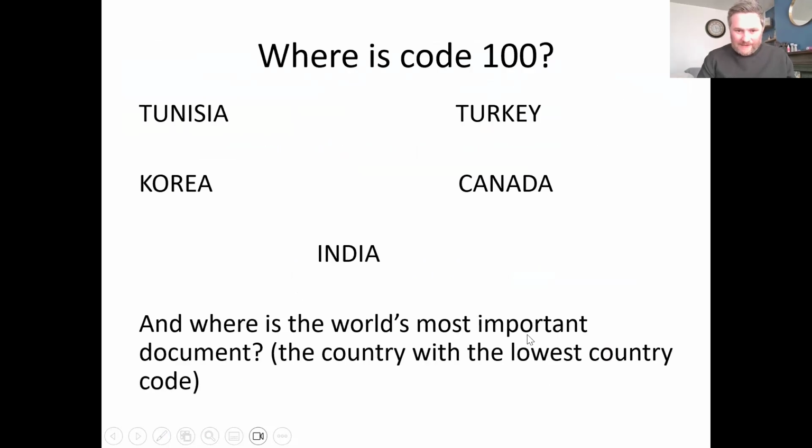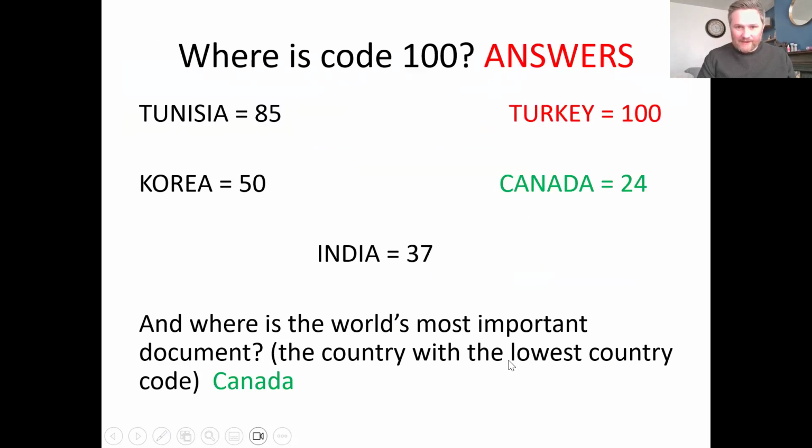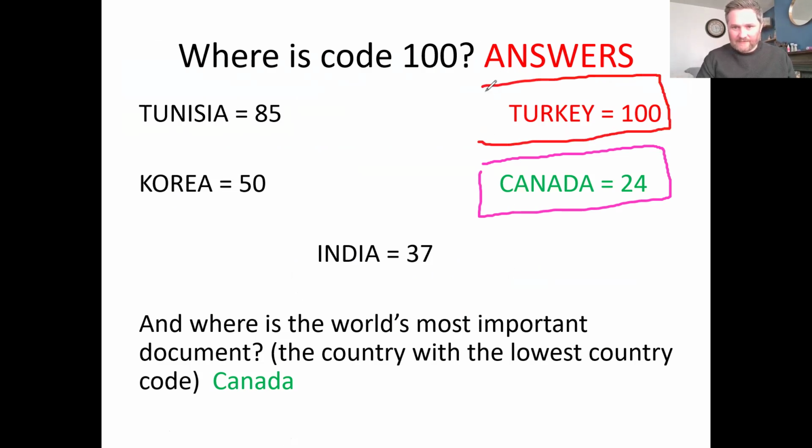Okay, so these are the answers to all of the questions here today. There we go. Right, so the lowest country code was Canada. So the document was hidden in Canada. And the agent was trapped in Turkey. There you go. So Turkey was code 100 and the lowest code was Canada at 24.